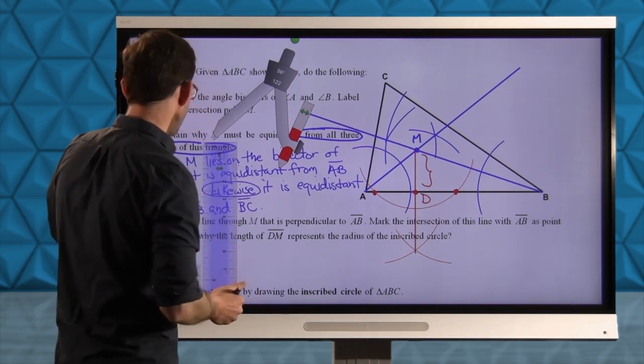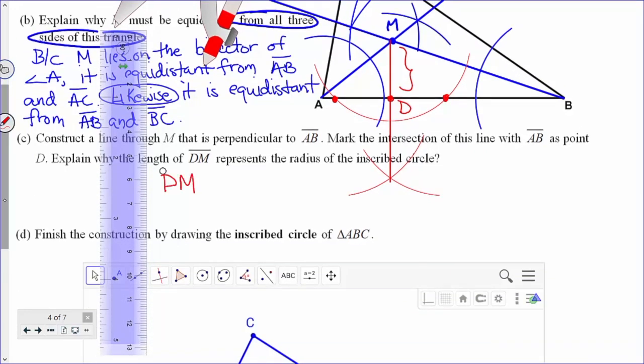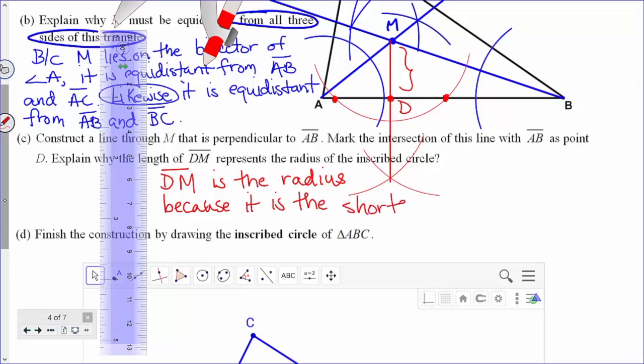Well, it's pretty simple, right? DM, that doesn't look like a D, it looks like a P. DM is the radius because it is the shortest distance from D to AB.